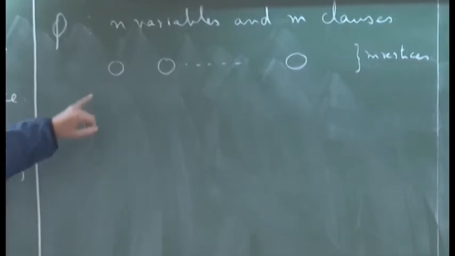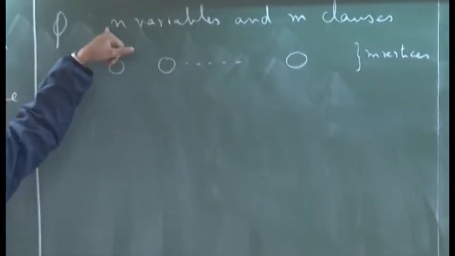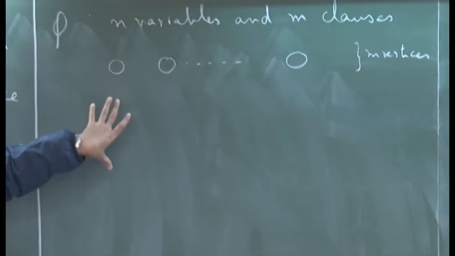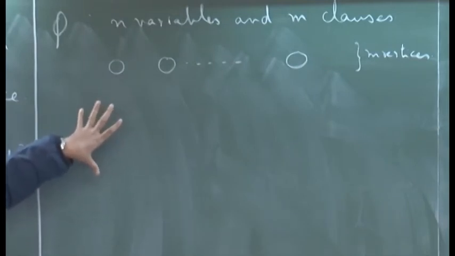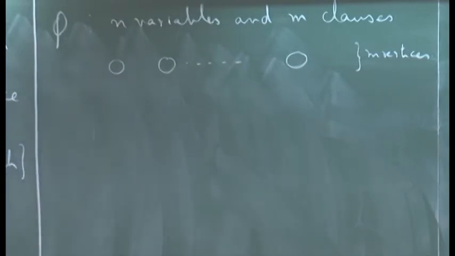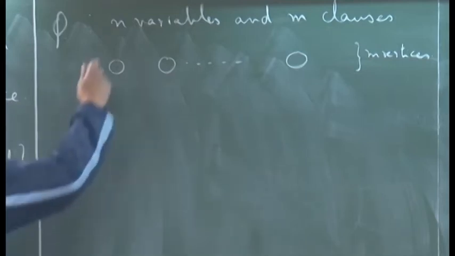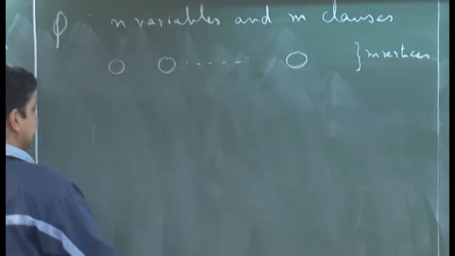Okay, and for each of the n variables, we will have a chain, some n subgraphs. So, for each variable here, I will define a chain as follows.